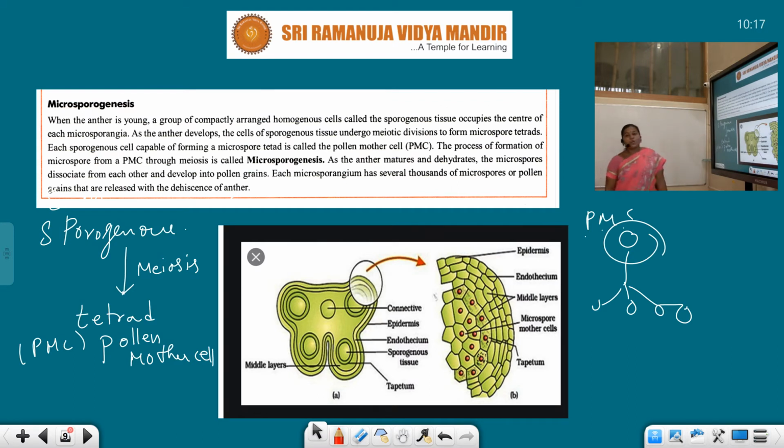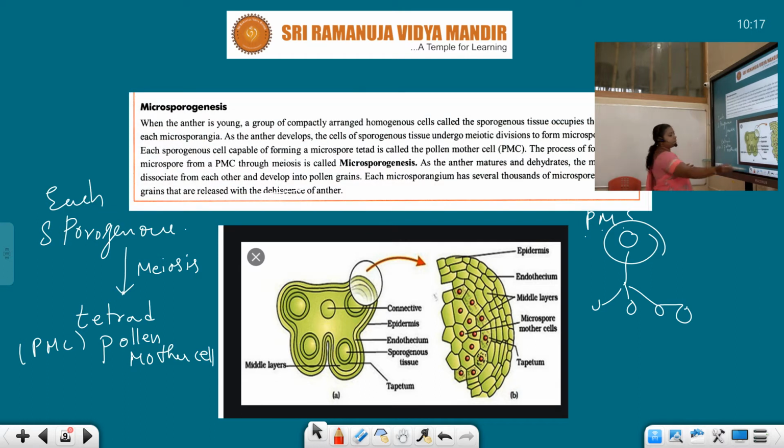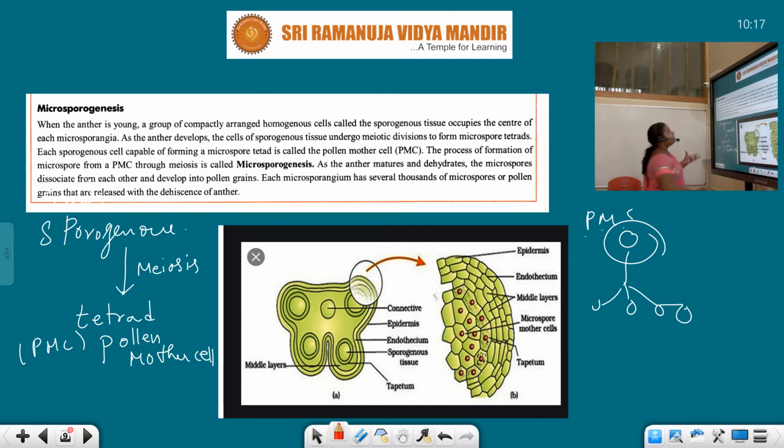Right. So microsporogenesis: the process of formation of microspores is microsporogenesis. When the anther is young, a group of compactly arranged homogeneous cells are present. They are located at the center of each microsporangium.